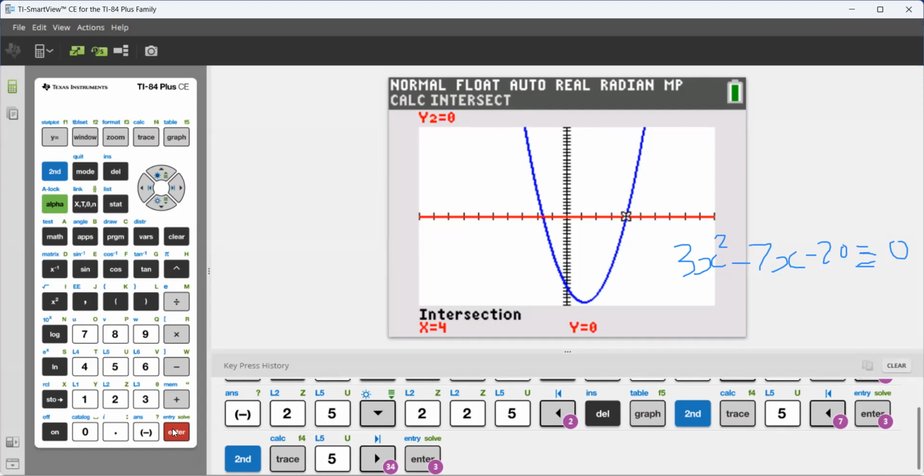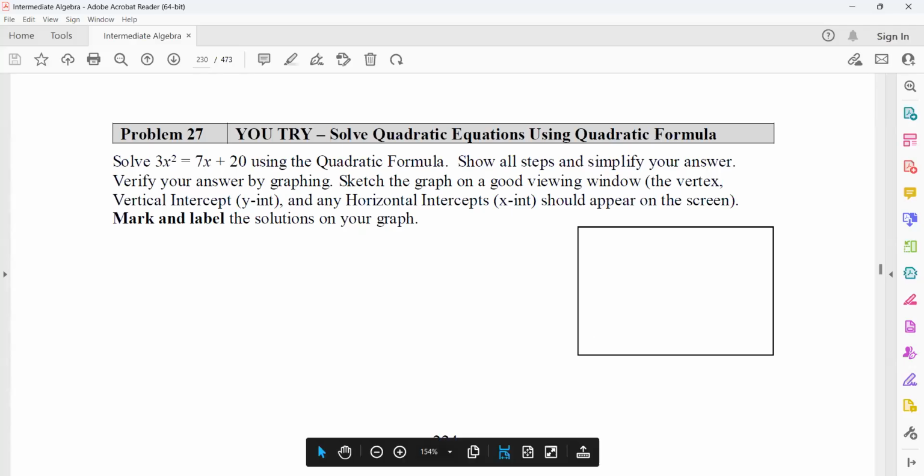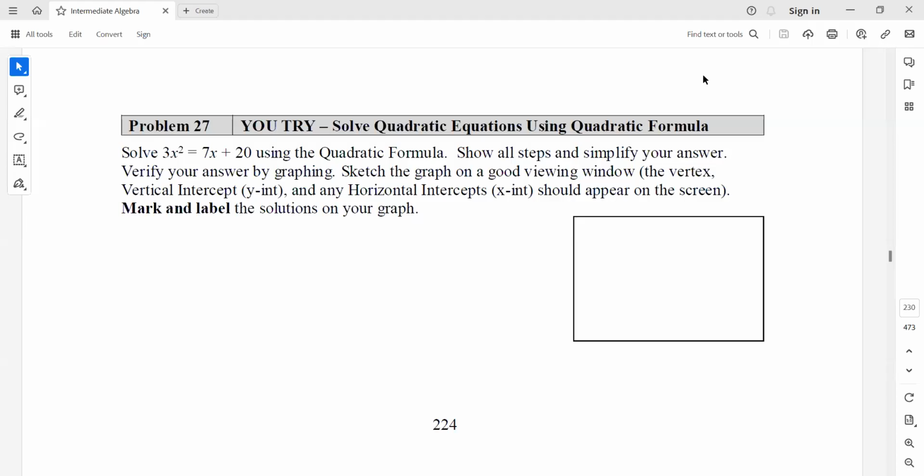Now remember, going back to the workbook, it tells us to label, right? So you want to draw the graph and label the graph.